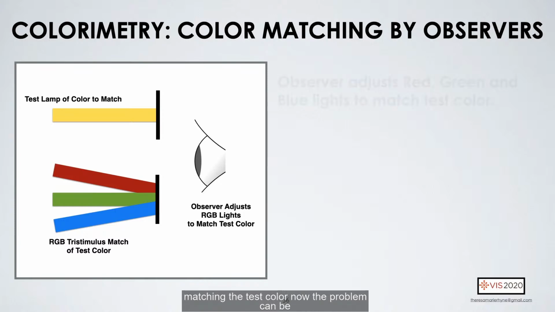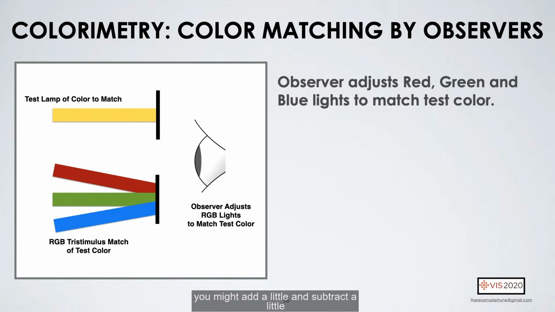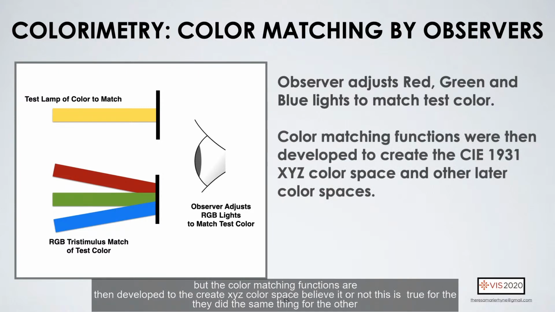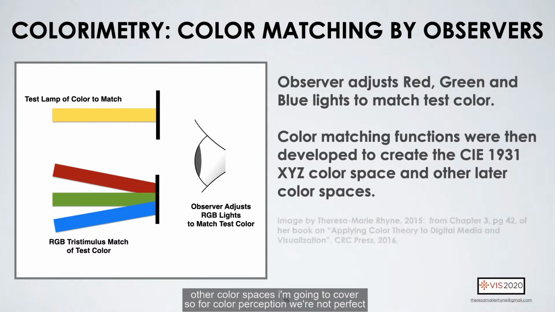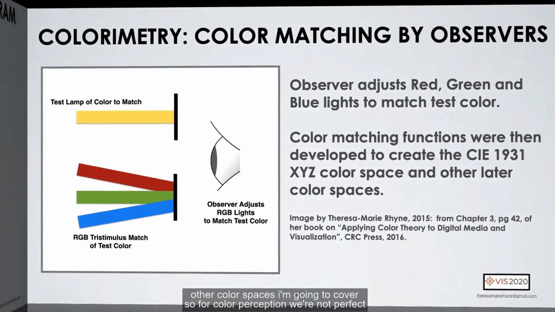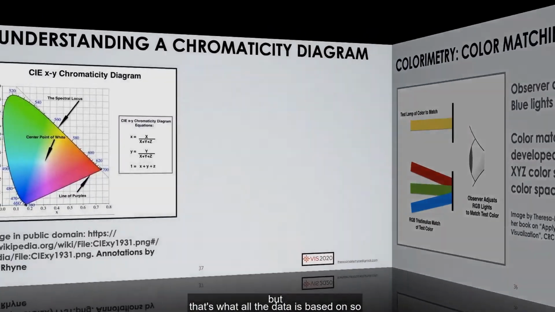Now, you might add a little and subtract a little, and there are all kinds of formulas for how you come up with it, but the color matching functions are then developed to create XYZ color space. Believe it or not, they did the same thing for the other color spaces I'm going to cover. So color perception, we're not perfect, but that's what all the data is based on.